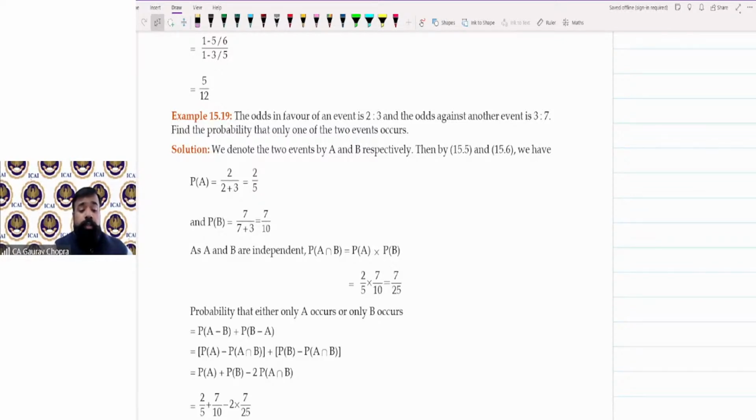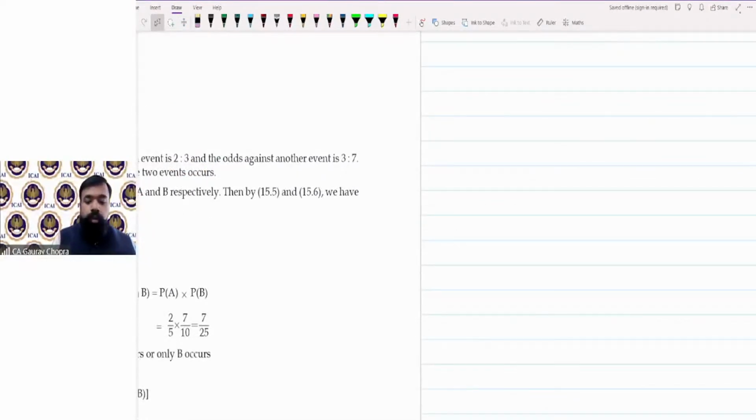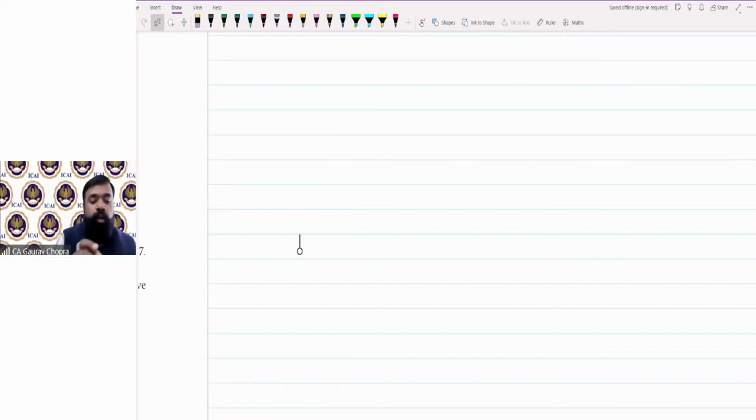Now there is a different point which says odds in favor and odds against. Now, what is the meaning of these terms? Odds in favor and odds against. So let us understand this also. It is simply a ratio.